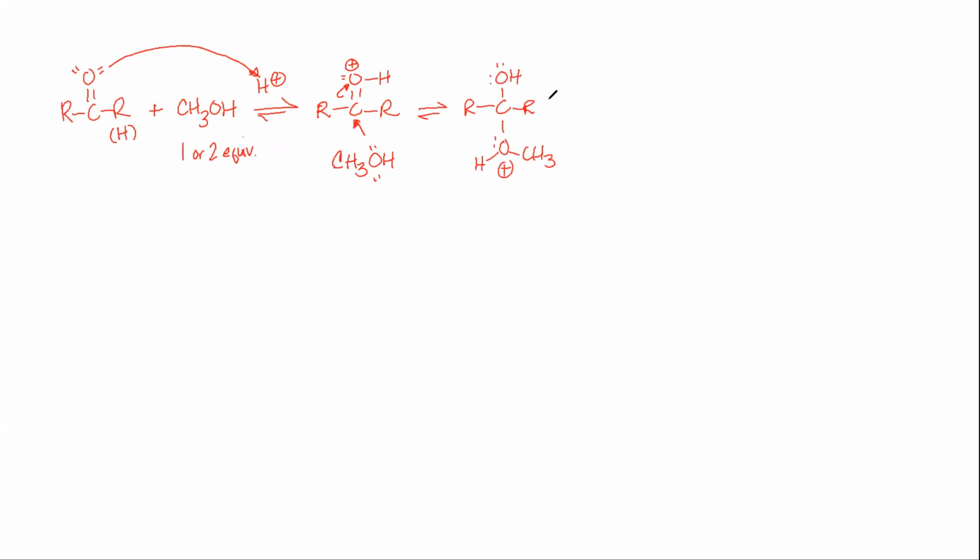Okay. Everybody with me? Yes. So basically, I just did what I had done before with an alcohol instead of water. Then I'm going to lose the H plus, so this pair of electrons is going to go to the oxygen.